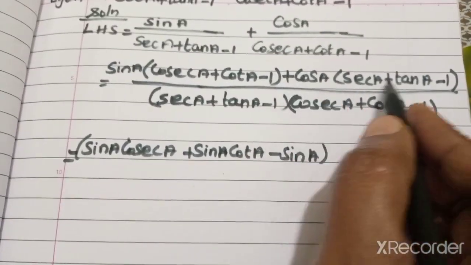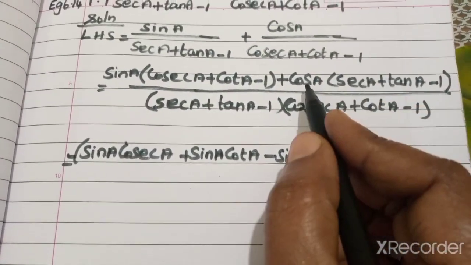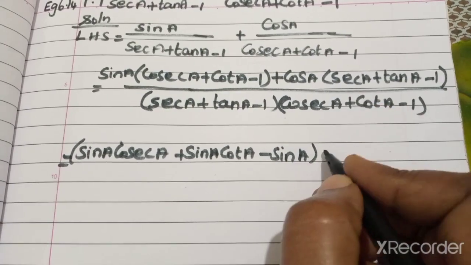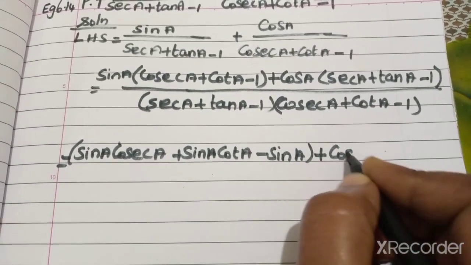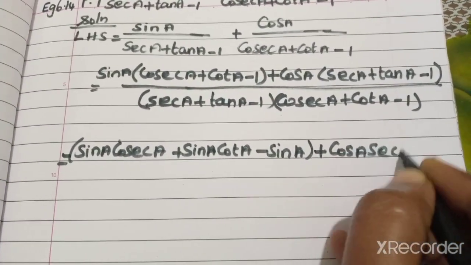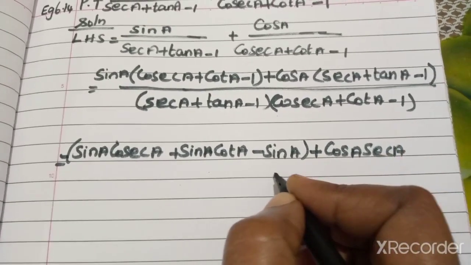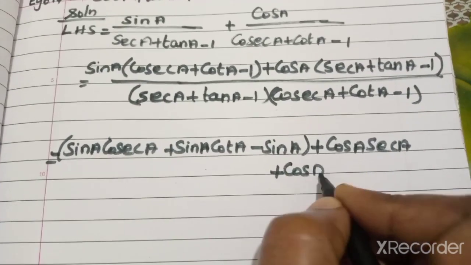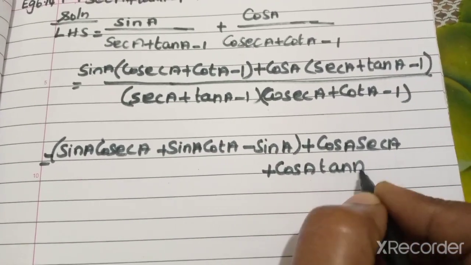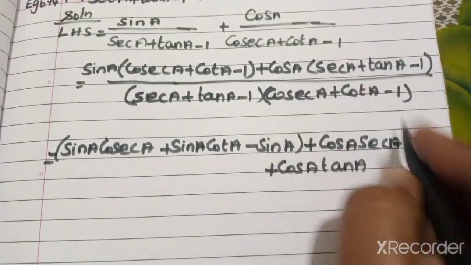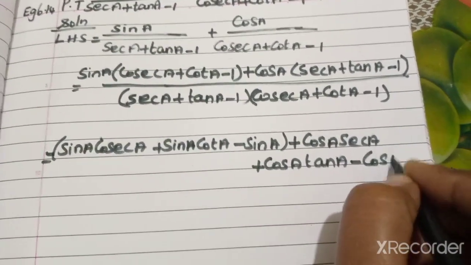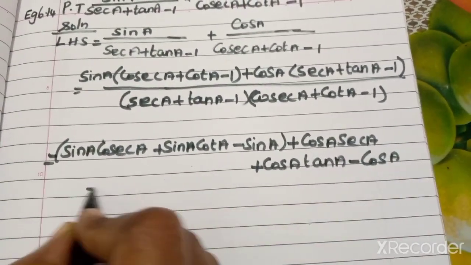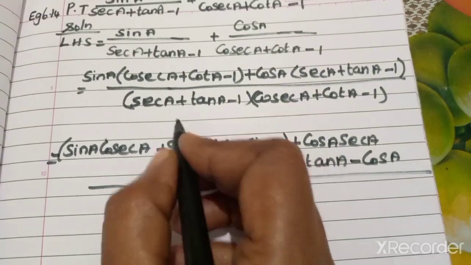Now this cos A into these 3 terms. So cos A into secant A, plus is there. So cos A into secant A plus cos A into tan A, minus is there, minus 1 into cos A, minus cos A, divided by the denominator as it is, right?